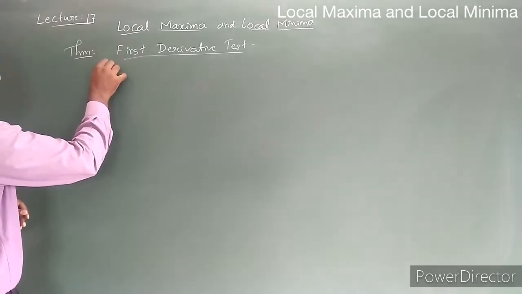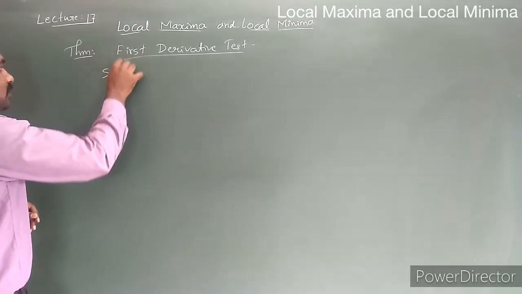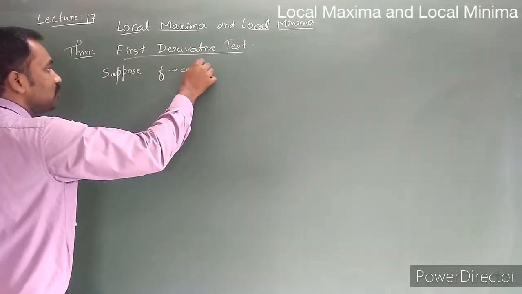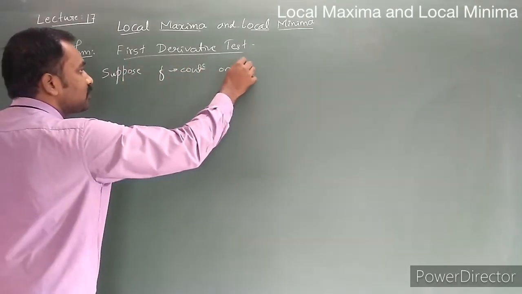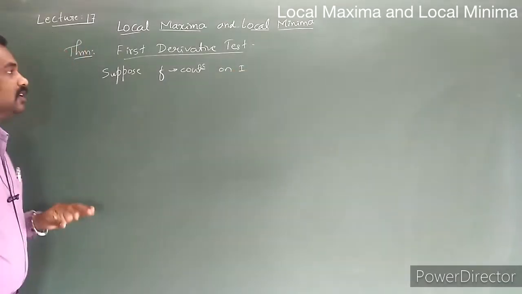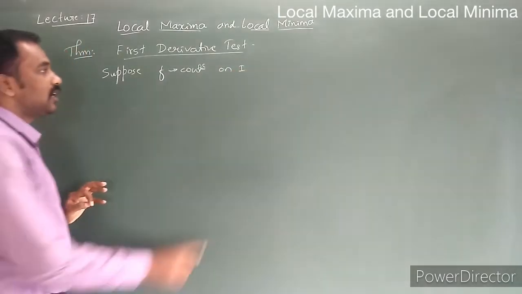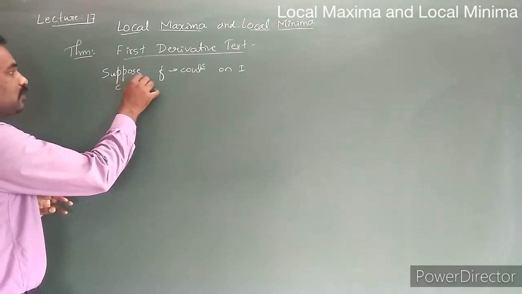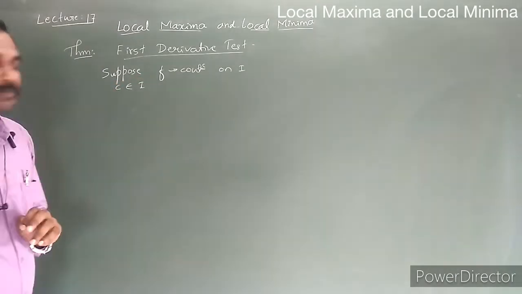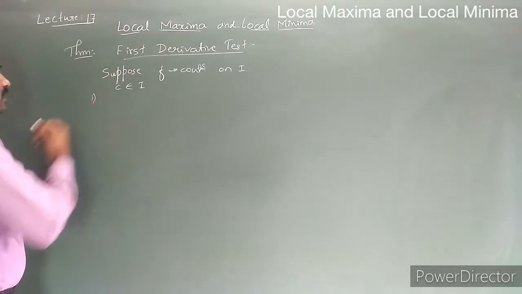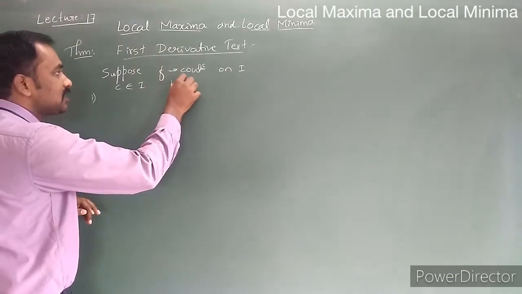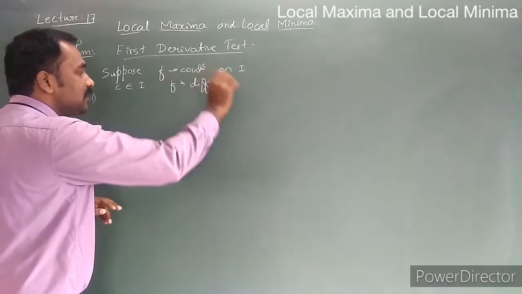It says that suppose f is a continuous function on an open interval I, and there exists a point c belonging to the open interval I. As well as it is continuous, it is once differentiable.